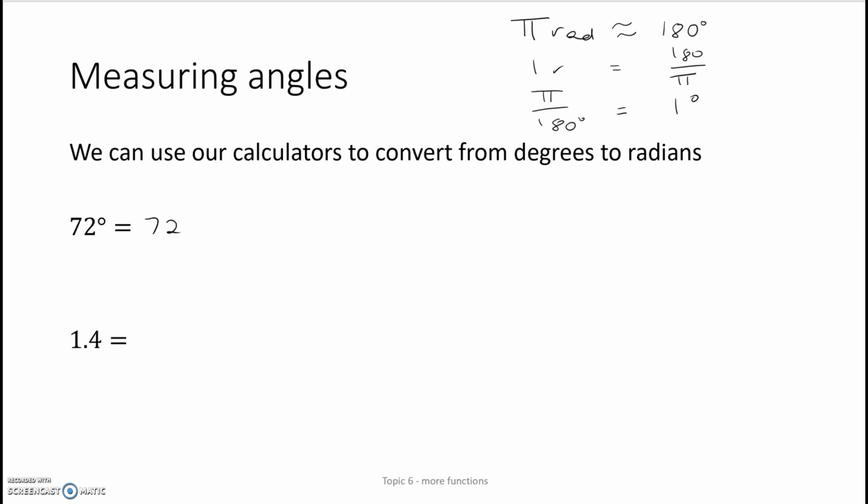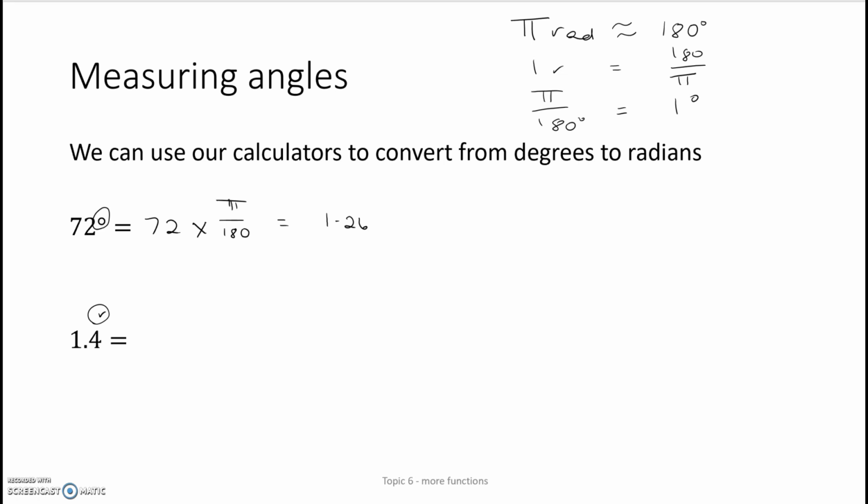So we could say that this is equal to 72 times pi over 180, which is roughly 1.26 on your calculator. Now if it doesn't have the unit, it's radians. If it's in degrees, it has to have the circle.